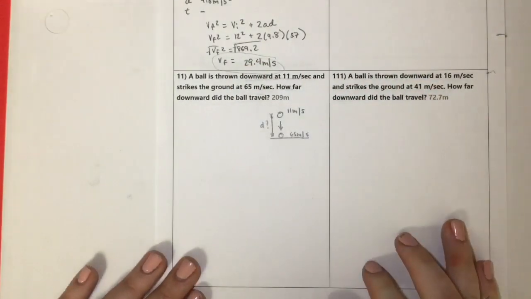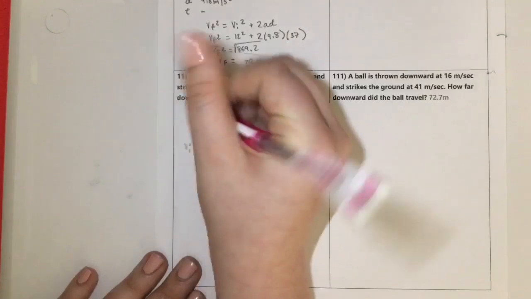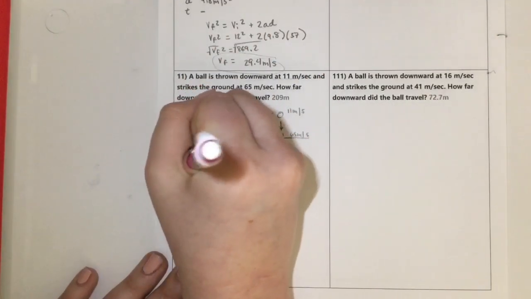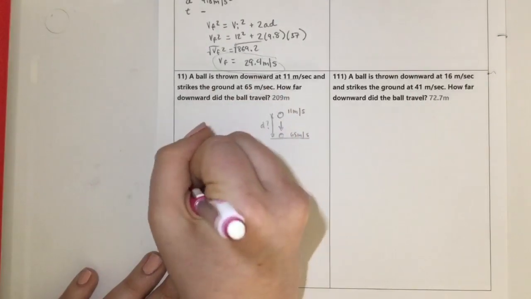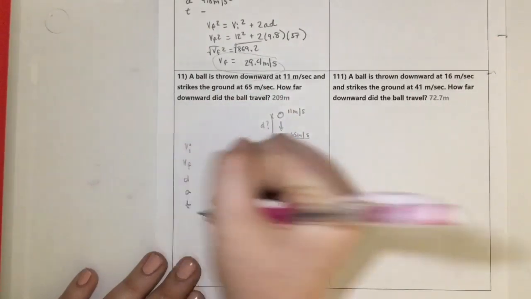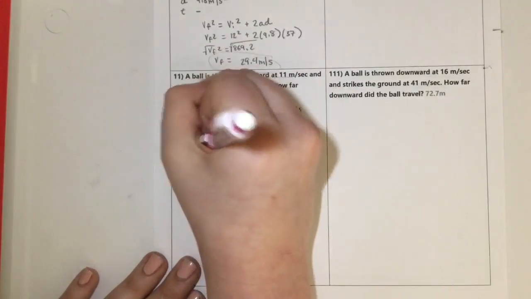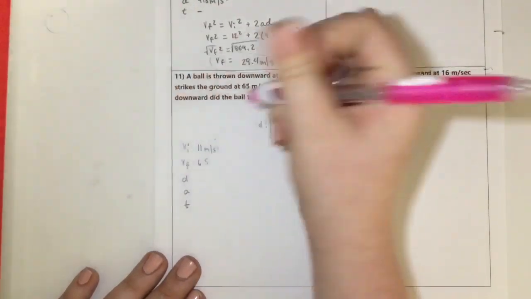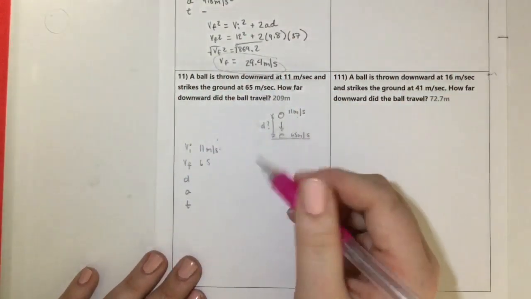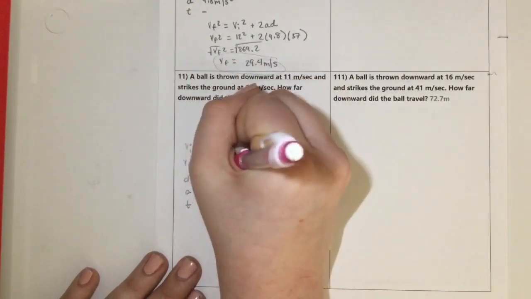Okay, so next we're going to look for the initial velocity, the final velocity. Oh, we actually already have those. The distance, acceleration, and the time. All right, so the initial velocity in this problem is 11 meters per second, and the final velocity is 65 meters per second.